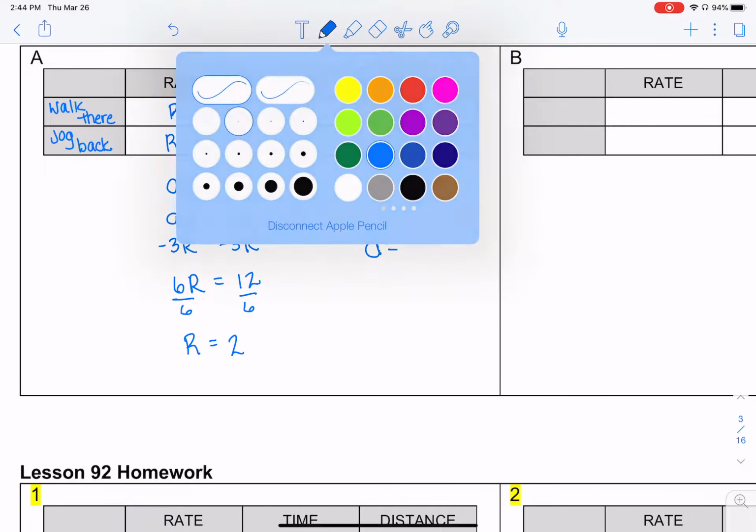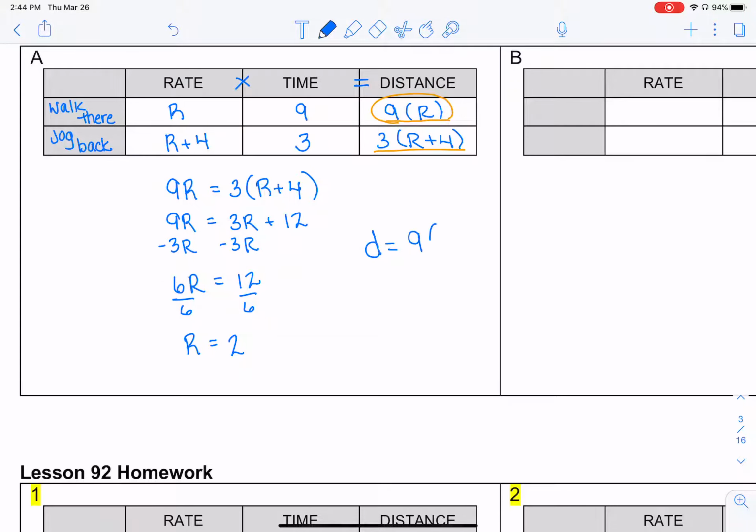And so I'm going to solve that. 9 times r. We just found what r is equal to. It's equal to 2. Therefore, my distance is 18. And I check my unit from the problem, and it's going to be 18 miles. So my solution is 18 miles.